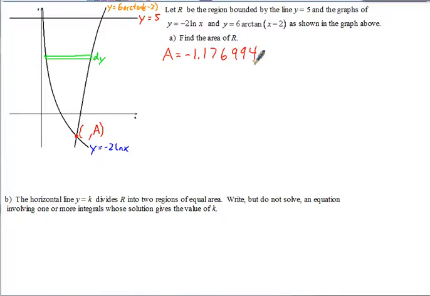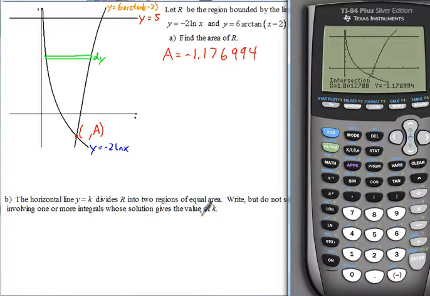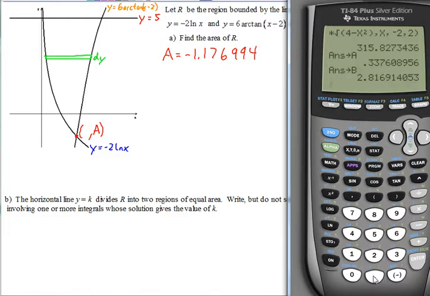And then to store this, it's a little bit more difficult when it's the y coordinate on the 84. You write it down on paper first, and then second quit, and then you actually would type it in. So negative 1.176, because it's not automatically stored as the answer like the x coordinate is. 994, and then store alpha A.